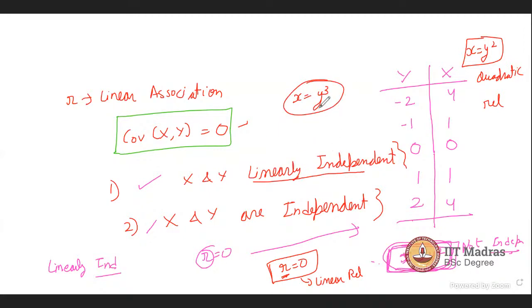Yes, sir. Suppose one variable has the same value, here in this case the x variable, all the values the same. Suppose 4, 4, 4, 4. And for y you can take any value.